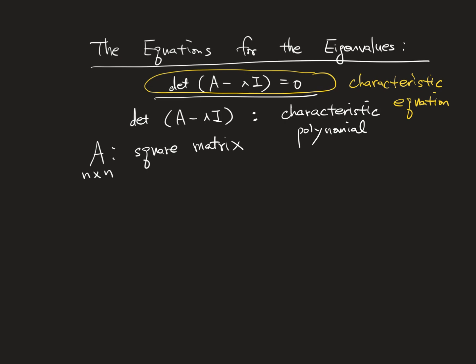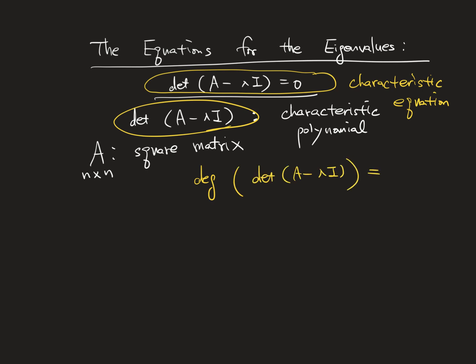And so the degree of this characteristic polynomial, the determinant of A minus lambda I, will be n. And so we're going to have n roots for the characteristic equation, but they could be repeated.